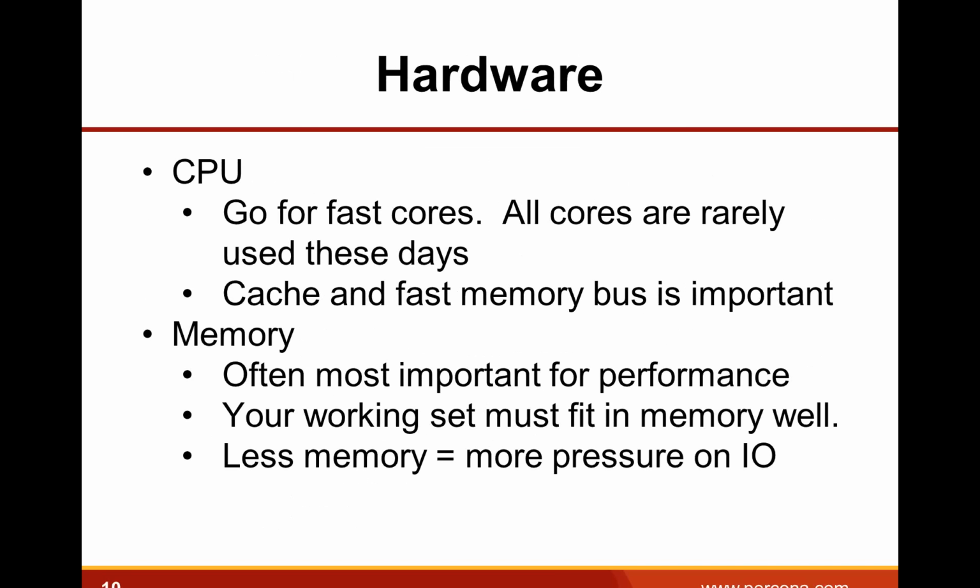Going for many more but slower cores will only benefit some, but will show up as slower in others. Also, the cache and fast memory bus are important, right? But those typically come together with newer generation CPUs, right? So look at the CPU generation as well as the family, as well as the frequency, right? Because newer generation CPUs are more optimized.